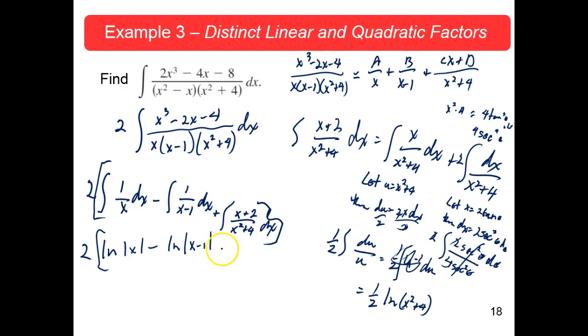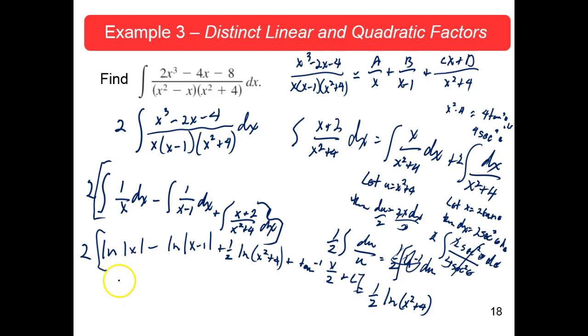Okay, so this last one will be a plus 1/2 ln of x squared plus 4 plus inverse tangent of x over 2. And then maybe a plus c somewhere out there.